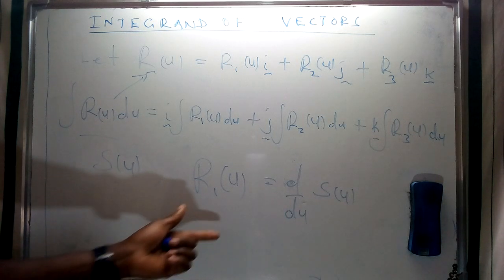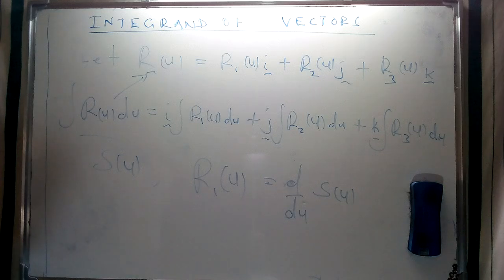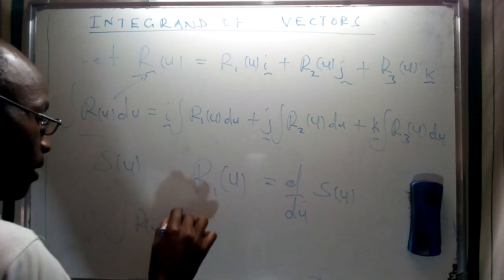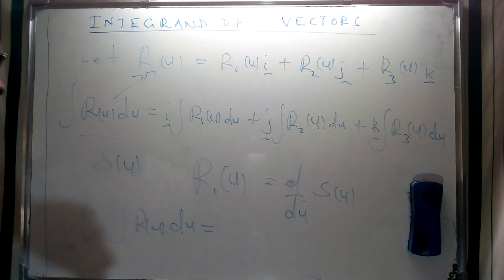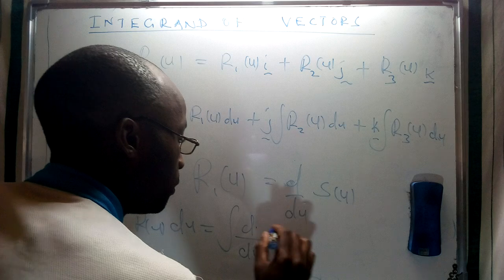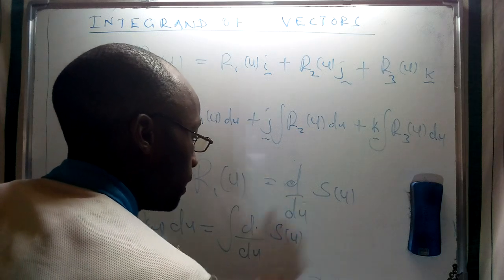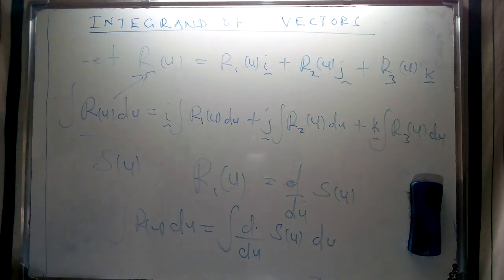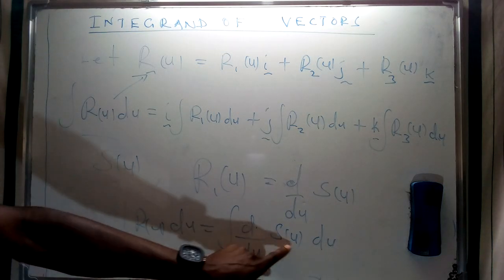So we can illustrate the integral of this specific function R(u) with respect to u, whereby the integral of R(u) du can be given as the integral of d over du of S(u) du.